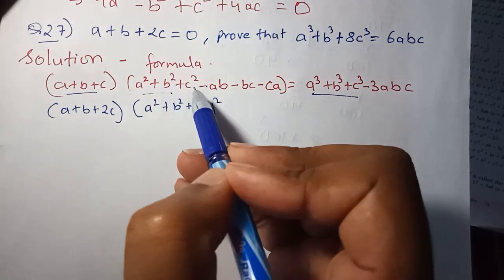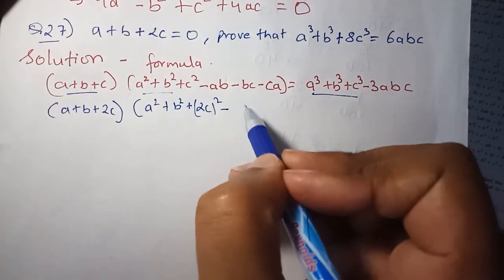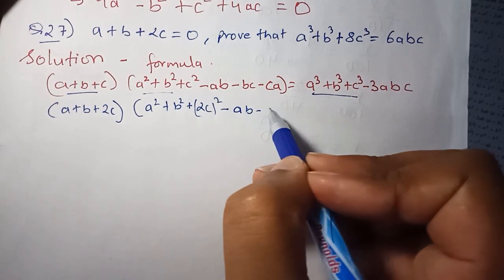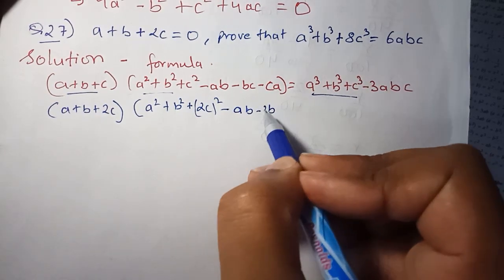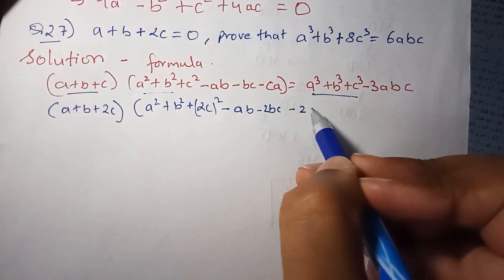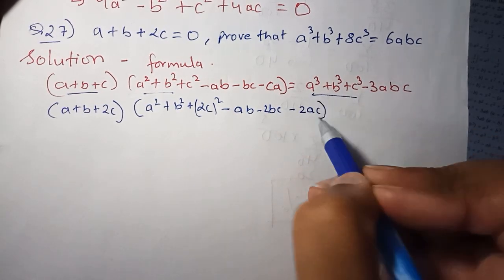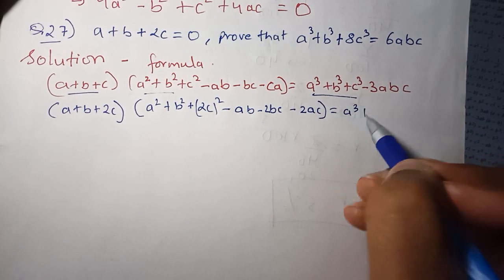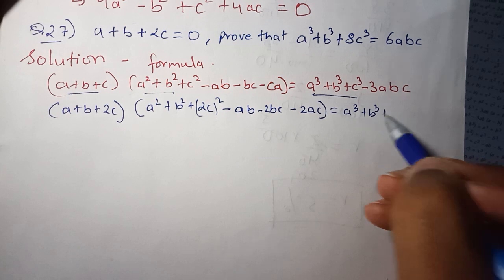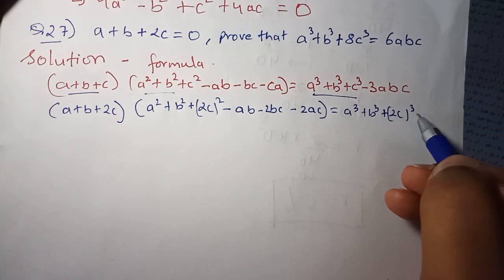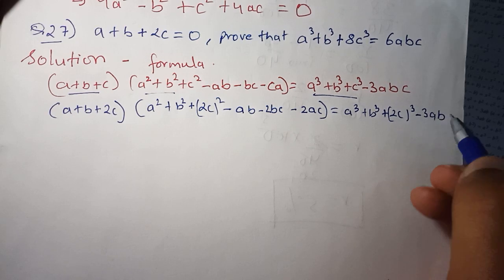Okay, so this is c for me, minus a into b minus b into 2c minus 2c into a, that is 2ac, equals a cube plus b cube plus 2c whole cube minus 3abc.